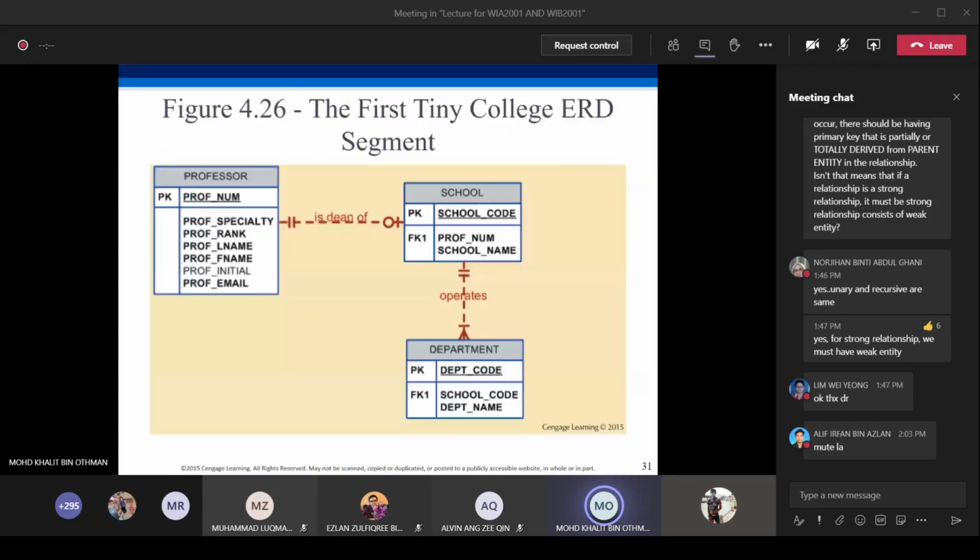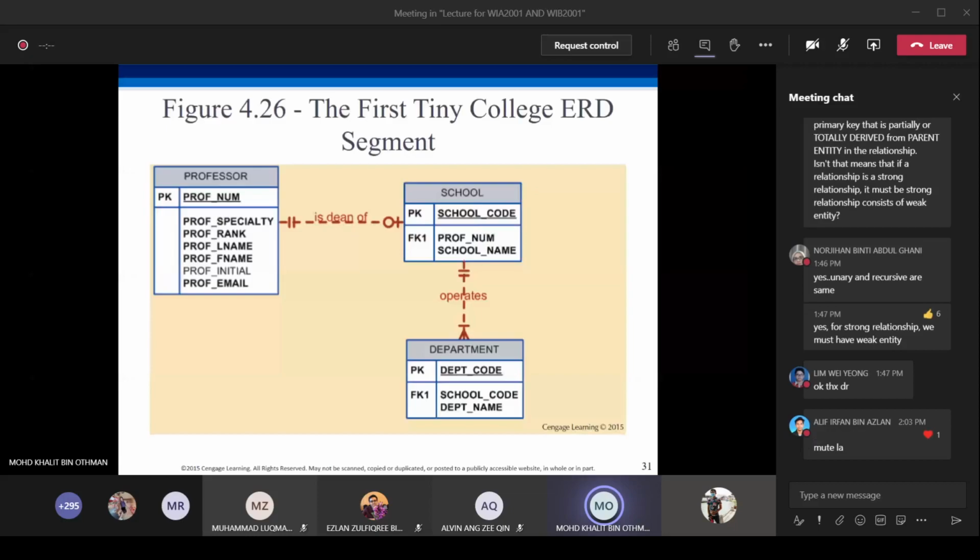We move to an example. Figure 4.26 is an example of an ER diagram for Tini College. Overall we have 9 segments of the ERD for Tini College.